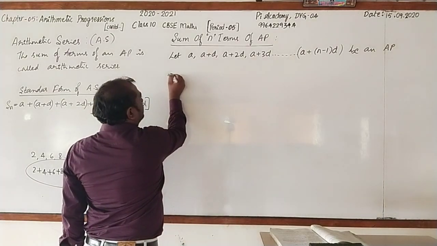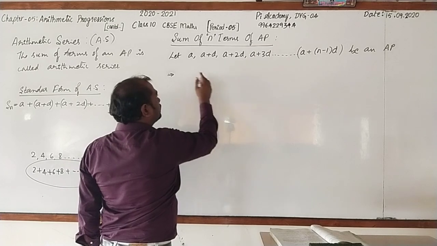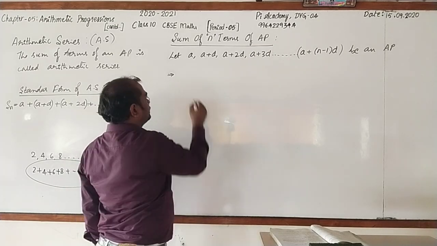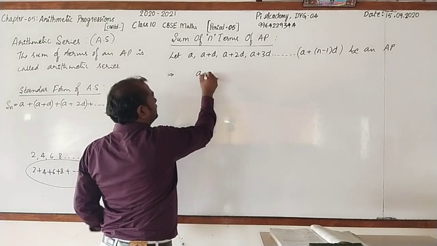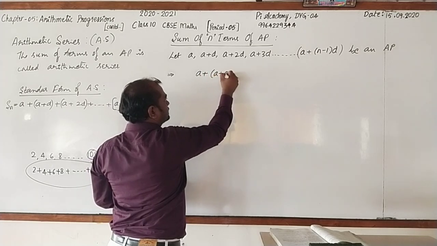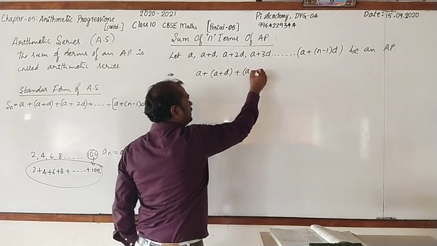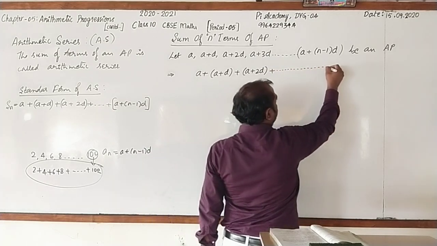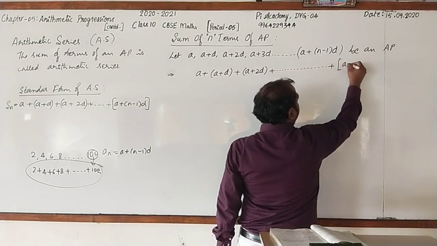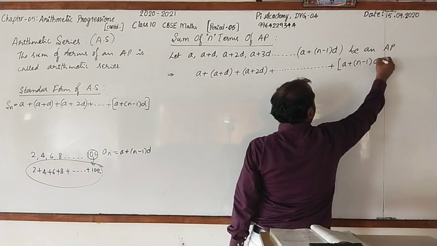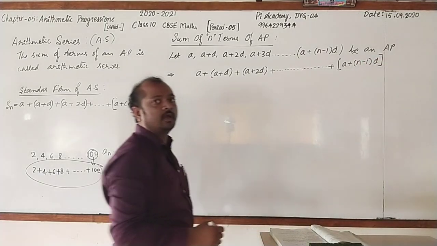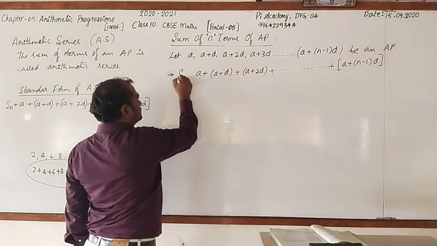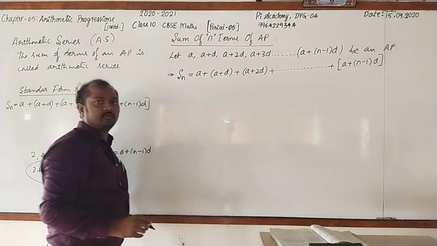Now observe here. I will go for adding all those. Then it will be a plus of a plus d plus of a plus 2d plus so on plus of a plus of n minus 1 into d. I take this sum as Sn.